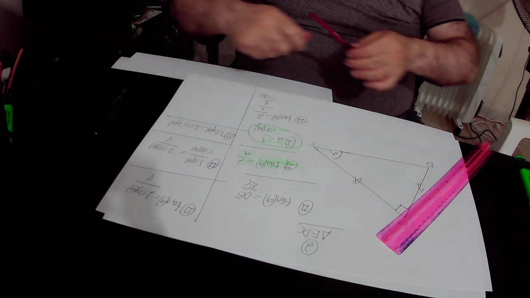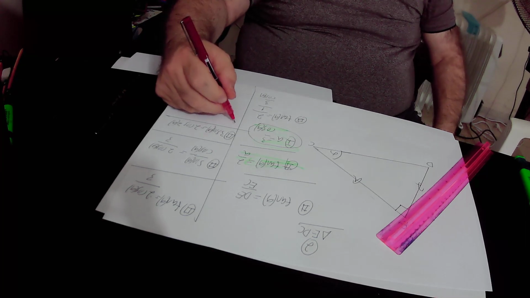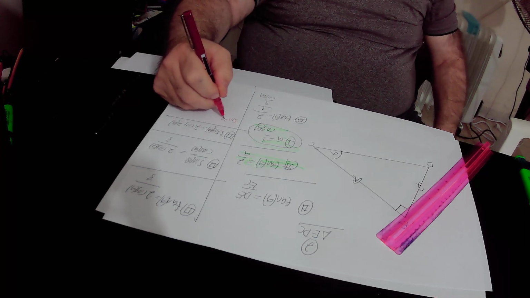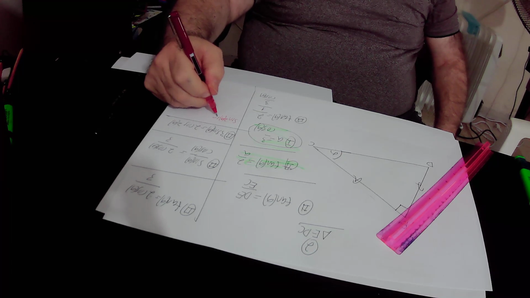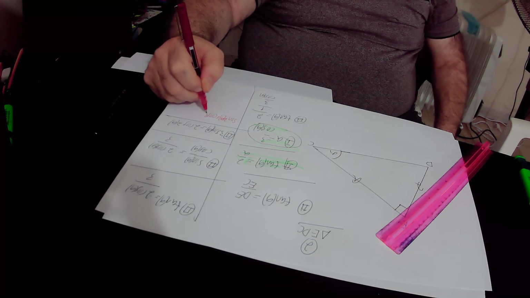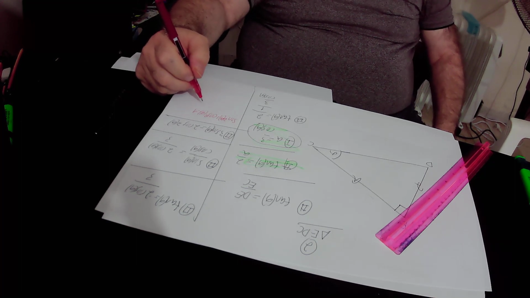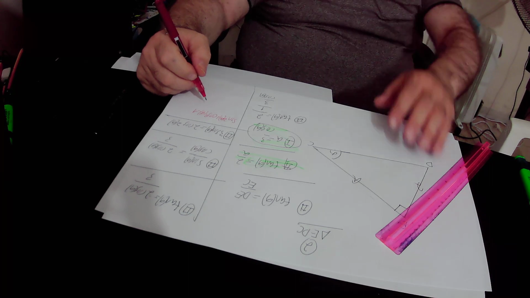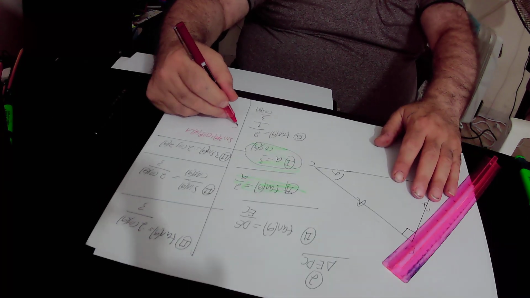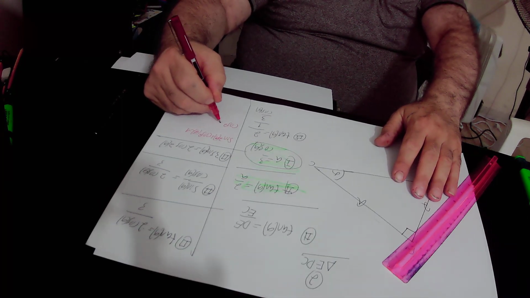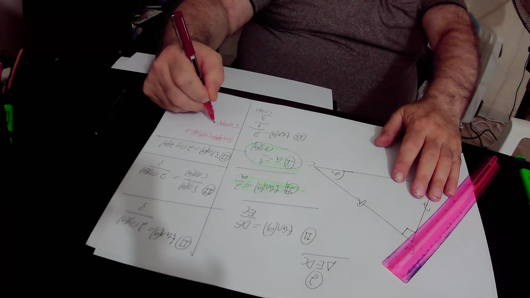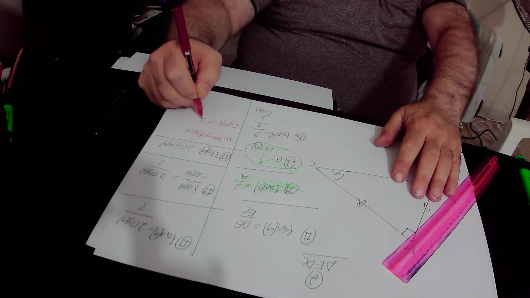We have the trigonometric identity that sine square alpha plus cosine square alpha equals 1. Here we will subtract sine square alpha from this identity, and we will get that cosine square alpha is equal to 1 minus sine square alpha.